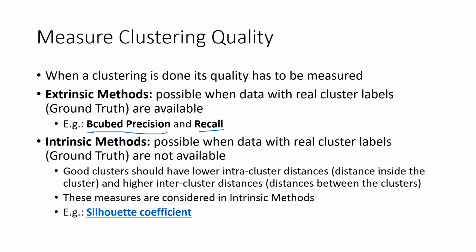Intracluster distance means the distances between data points within a cluster, and intercluster distance means the distance between the clusters. With these measures, you can get some measure of the accuracy or performance of the clusters generated by our machine learning algorithm.